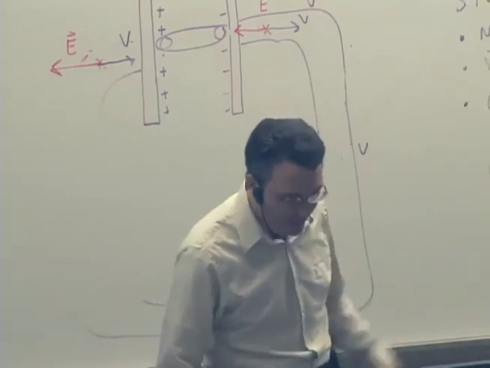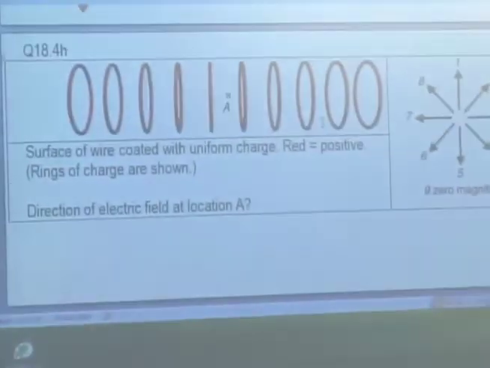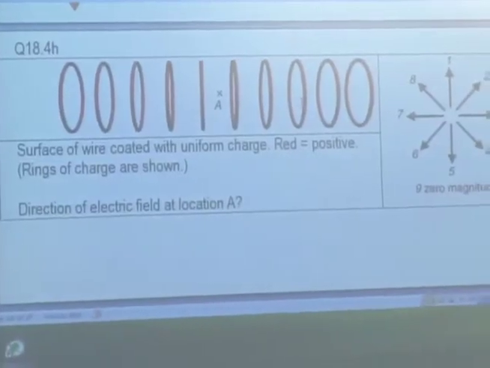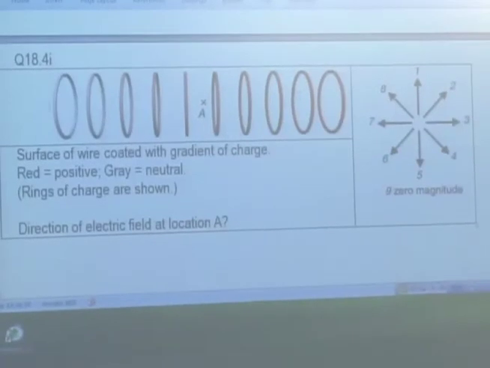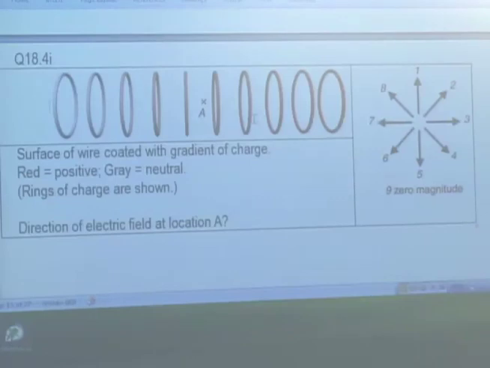Okay, so we basically just talked about this, but if all the rings were uniformly charged, the net electric field would be 0. But if you have this gradient of charge where it's more positive on one end, more negative on the other, you're going to get a net electric field pointing in what direction? 7, right? It's going to be pointing in direction 7.